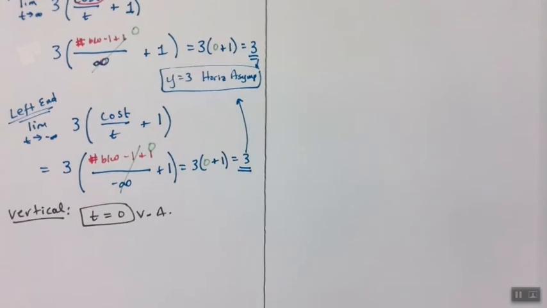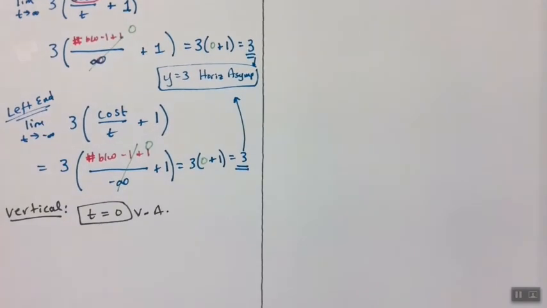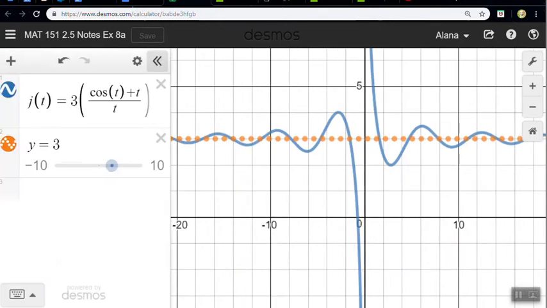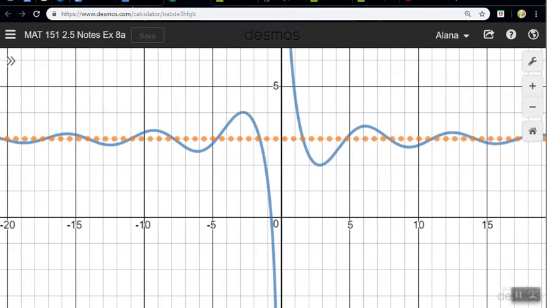All right, so let's look at this graph, which I, of course, have drawn in Desmos. And here it is. This is that function, believe it or not. This is what 3 cosine of t plus t, divided by t, looks like. And you can see that we actually cross our horizontal asymptote many, many times, infinitely many times.